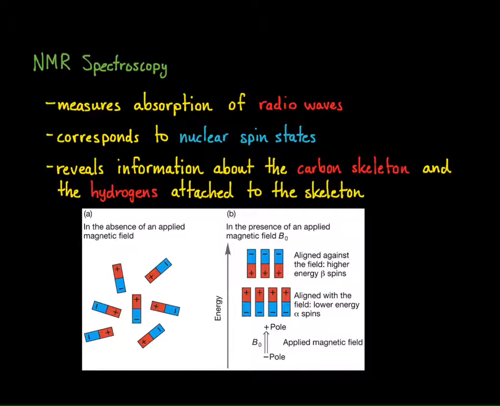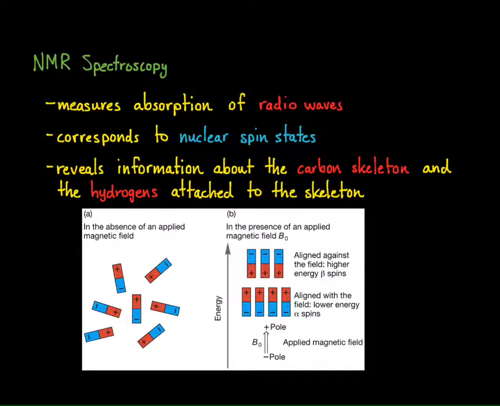Now, when you place a sample in a magnetic field, some of the nuclei are going to align with the field, and of course more of the nuclei are going to align with the field than against it, because it's at a lower energy.